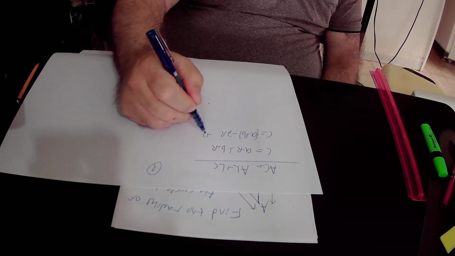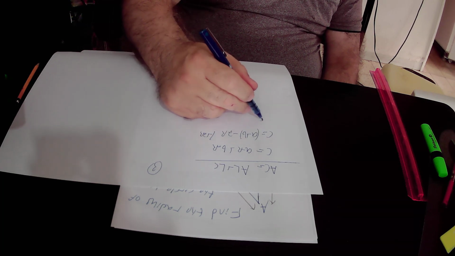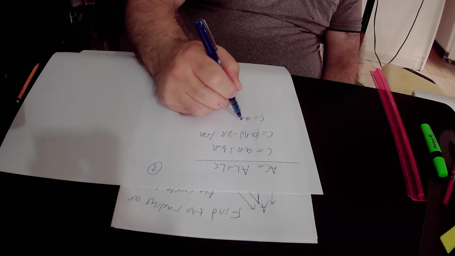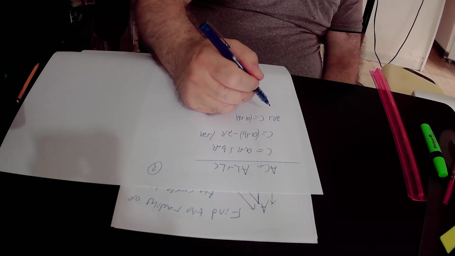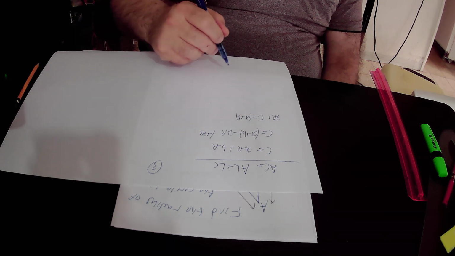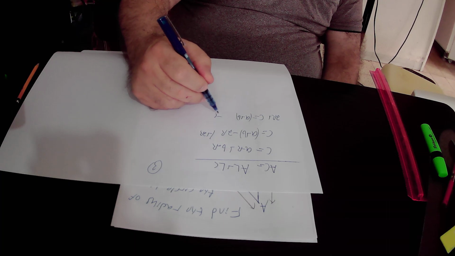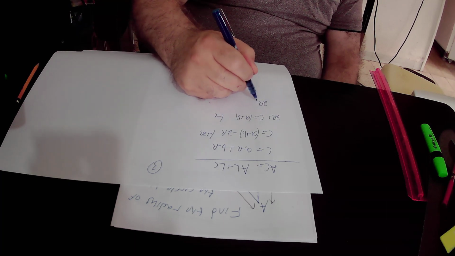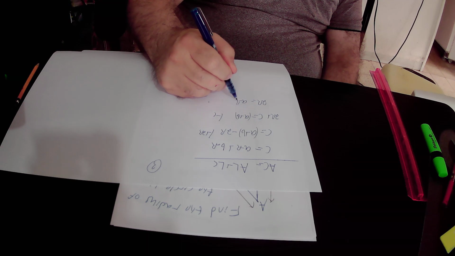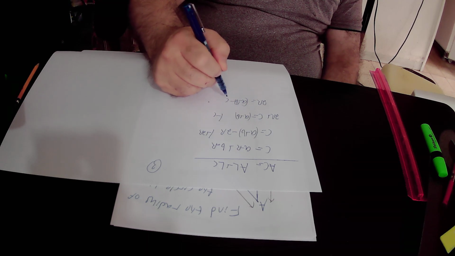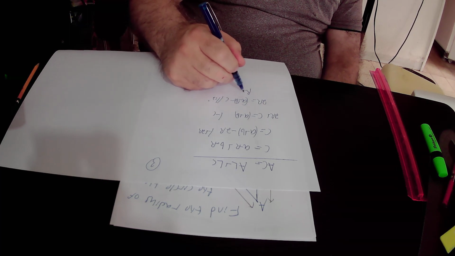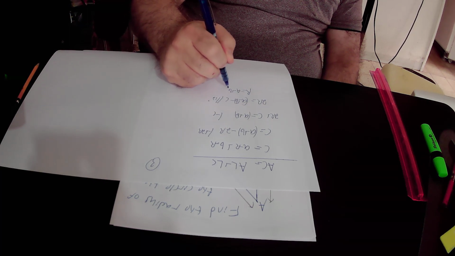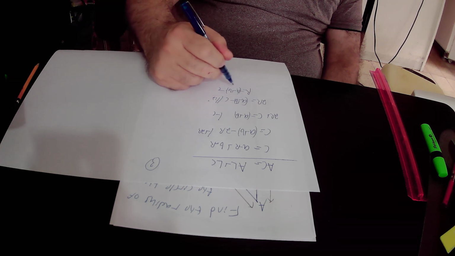Here we add 2R to this equation and we get that 2R plus C equals A plus B. Here we subtract C from this equation and we get that 2R equals A plus B minus C. We divide this equation by 2 and we get that R equals (A plus B minus C) over 2.